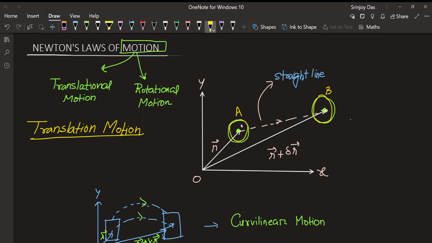The r vector from the initial is the position vector, and from here it is r vector plus delta r vector, and you can see the point is moving from here to here.